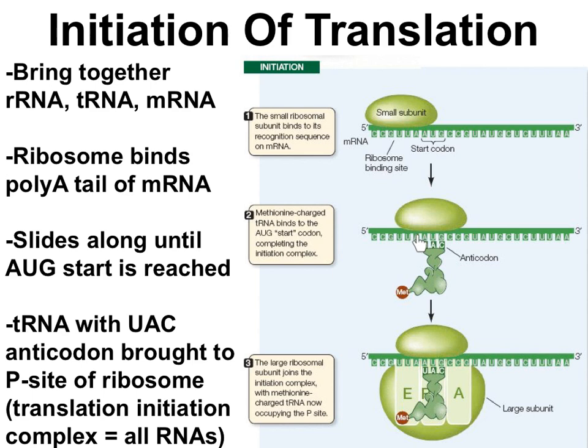At this point, the tRNA with the complementary anticodon, UAC, is brought to the P site of the ribosome. This complete complex of ribosome subunits, mRNA, and starting tRNA is called the translation initiation complex.